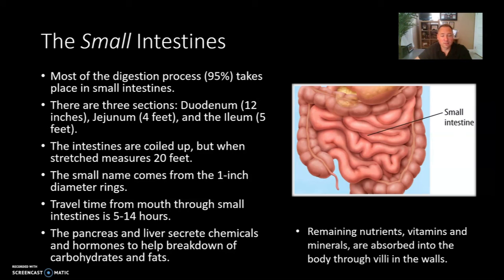And then the pancreas and liver, although not directly a part of the journey, are digestive organs, and they will secrete chemicals and hormones to help break down carbohydrates and fats once food enters the small intestines. Now, any remaining nutrients such as vitamins and minerals will be absorbed into the body through villi or lacteals that are in the intestinal walls.